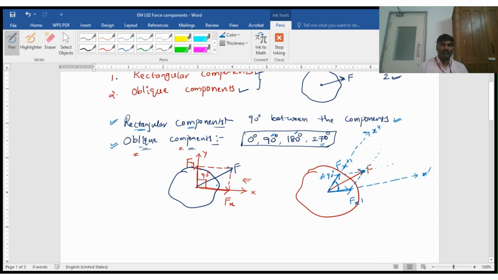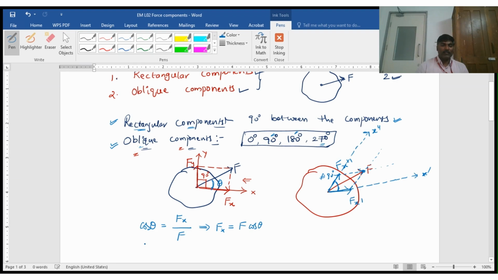For example, if theta is the angle between the given force and the x-axis, take cos theta: the adjacent side is Fx, and the hypotenuse is F. So Fx is F cos theta.